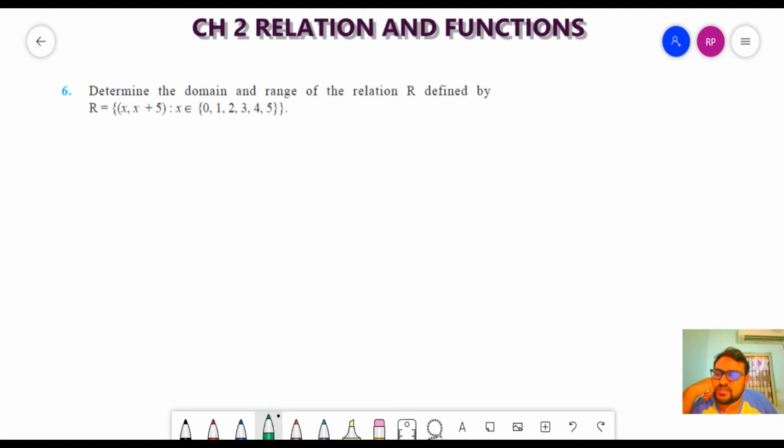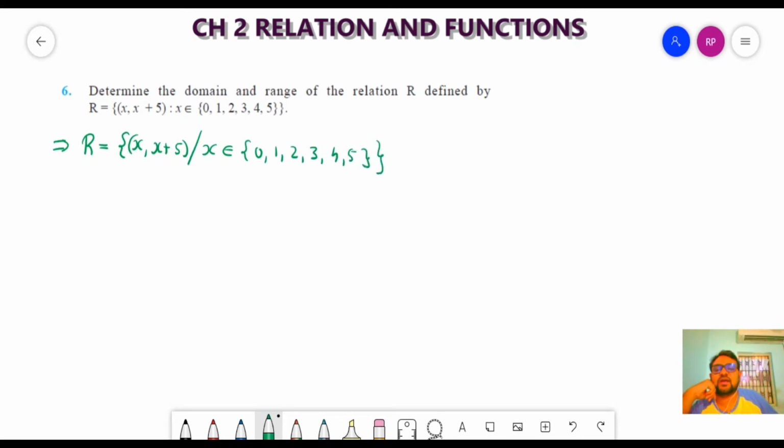Question number 6. Determine the domain and range of the relation R defined by R equal to the ordered pair x, x plus 5 such that x belongs to 0, 1, 2, 3, 4 and 5.